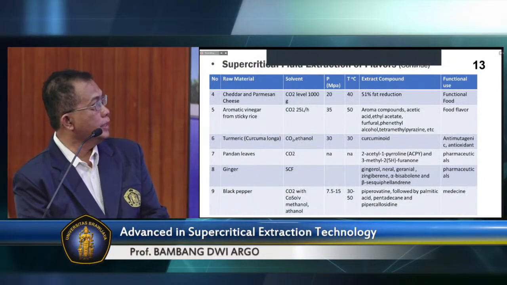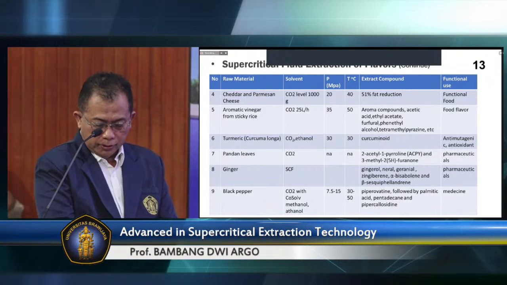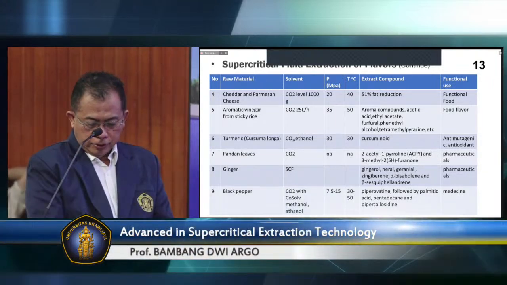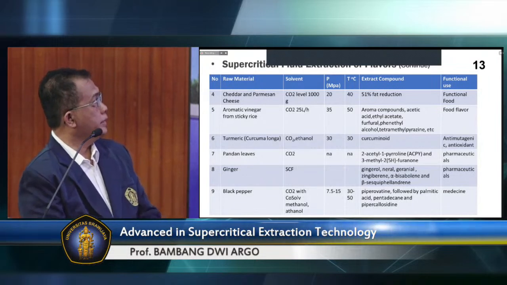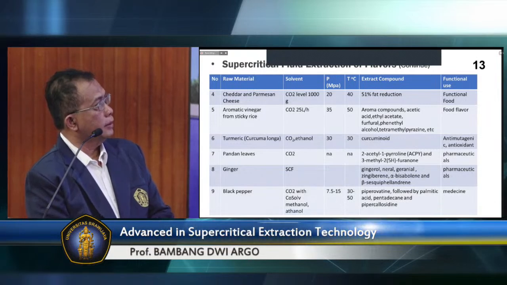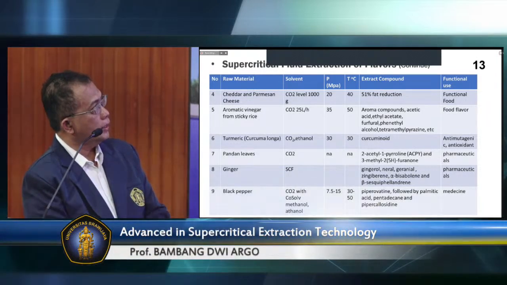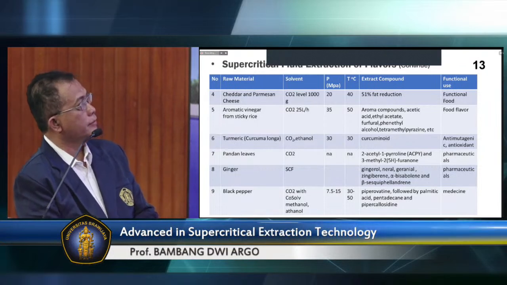Also, there are many researches. Supercritical fluid extraction can also be used to reduce fat content. For example, for cheddar and Parmesan cheese, we can minimize the fat up to 51%.